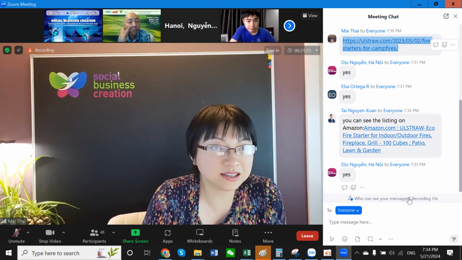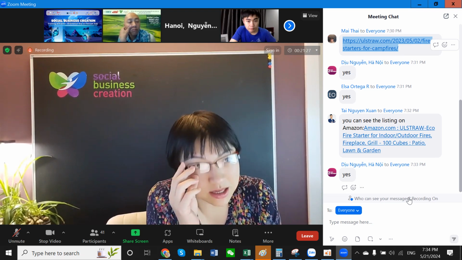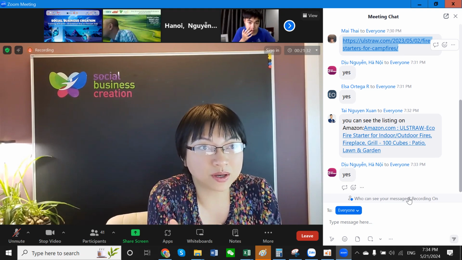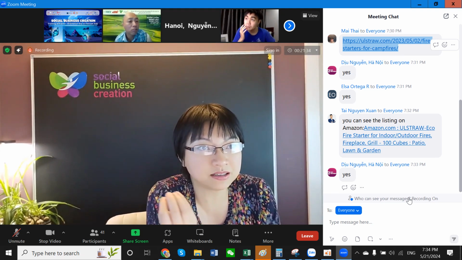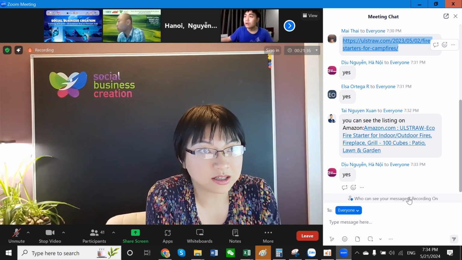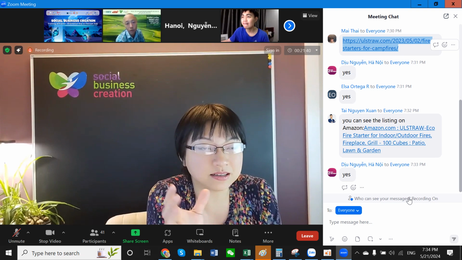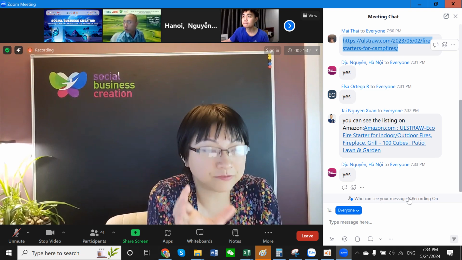So you see this one. You know the kind of product you want to create is that instead of burning the rice straw, you put the rice straw into use. And so this team created this fire lighter.